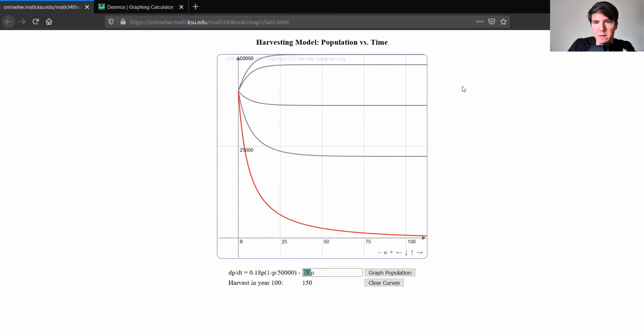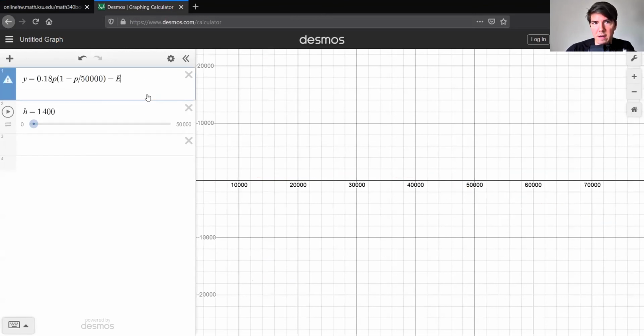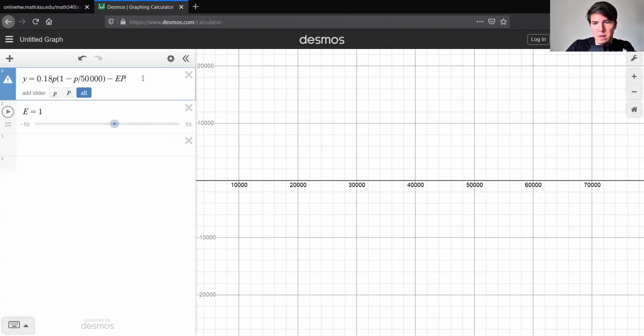So what that means is that you'll then take this thing, and instead of having an H from before, we'll have an E. So now you can imagine going to Desmos back here, and instead of having H, you can have, let's say, capital E, which I'll add a slider for, times lowercase p.